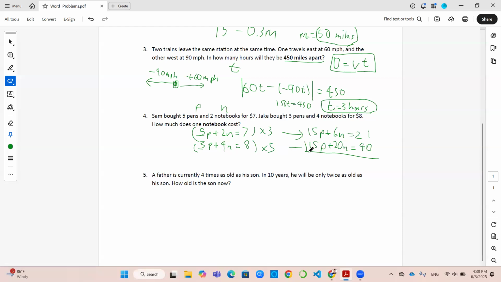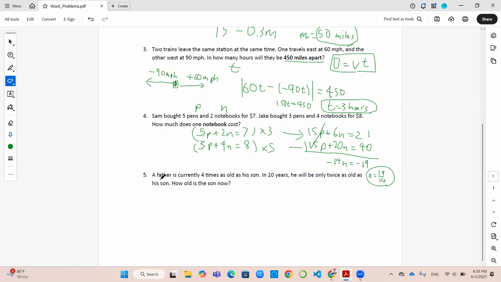Subtract to get rid of the P's. I get minus 14N is equal to minus 19, and N is equal to 19 over 14. So the answer is for one notebook, it costs $19/14. It's okay to leave it as a fraction here. I know you're not going to have that much time, so if you got a fraction, that's okay. Just leave it like that and then move on.